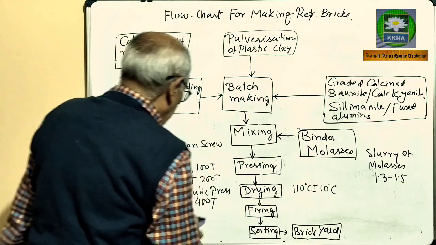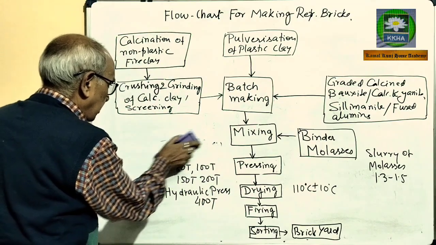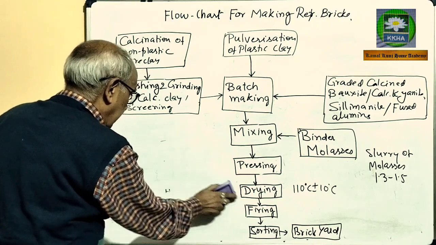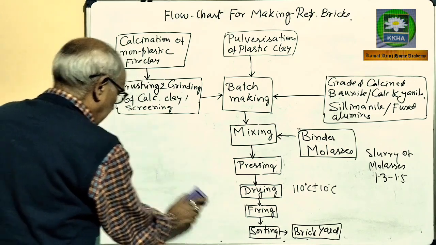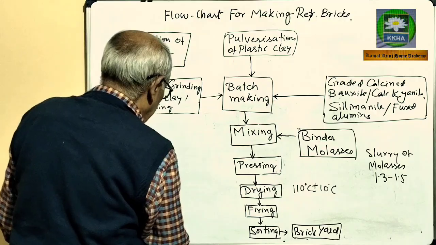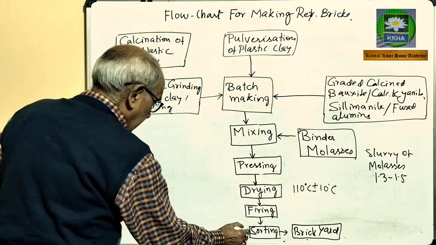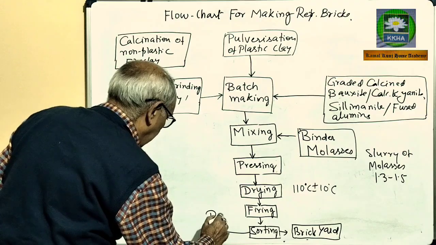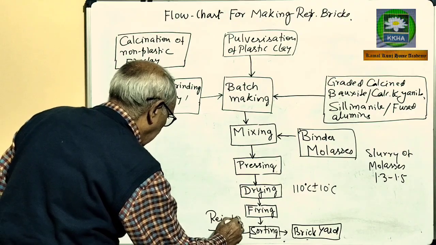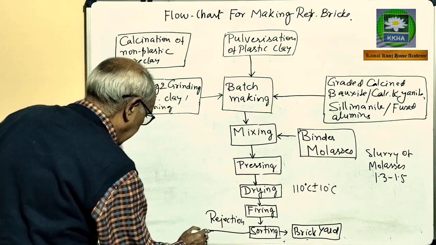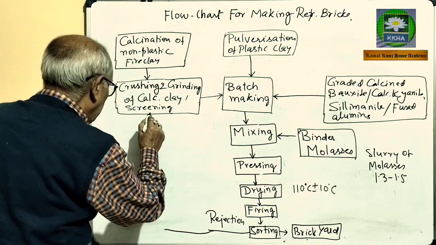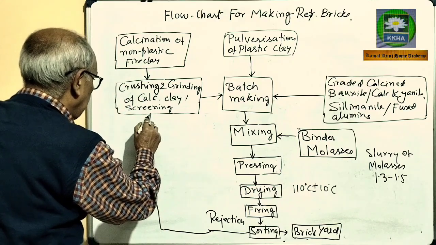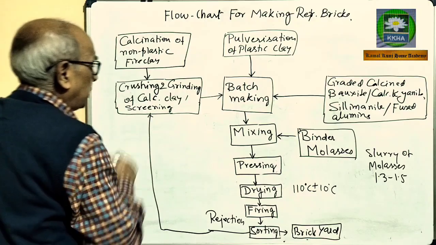During sorting, some rejection occurs, so rejected bricks are again circulated in production: they are crushed, ground and mixed into the batch.